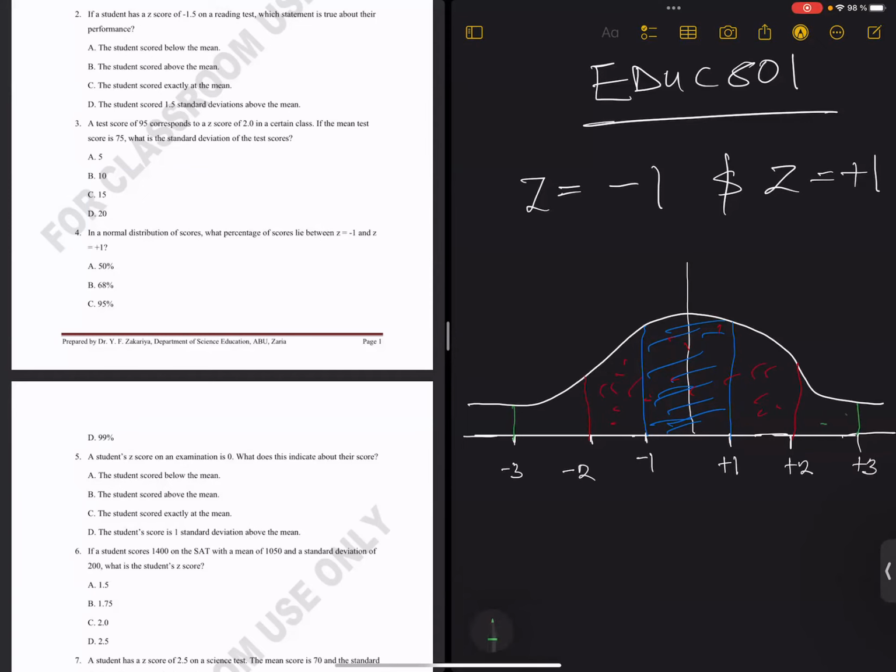So the empirical rule says that this area within 1 standard deviation of the mean, ±1, is actually 68%. That means half here is 34%, and the remaining half is 34%. So this is the first empirical rule.